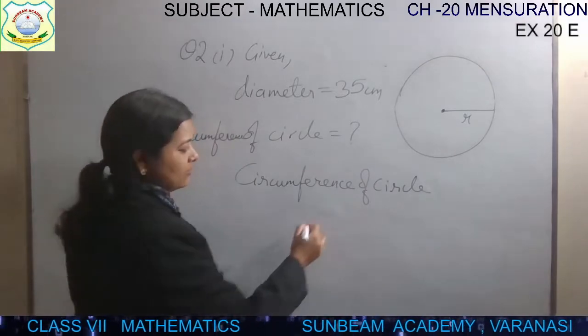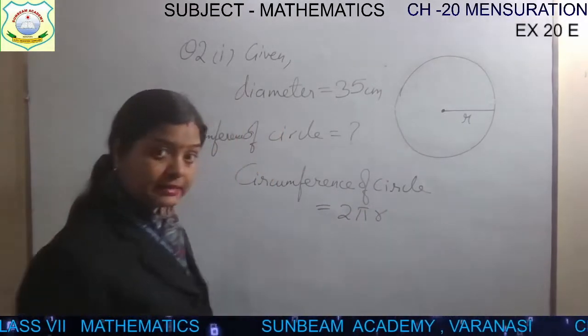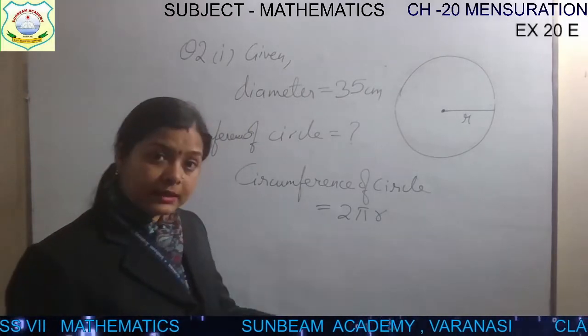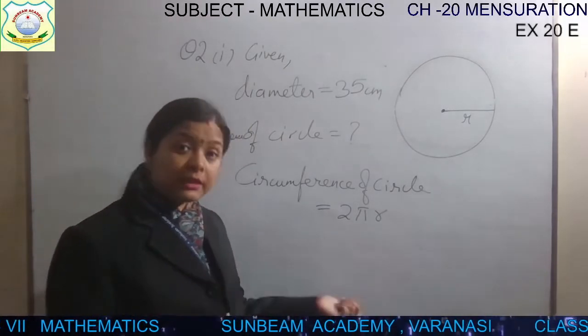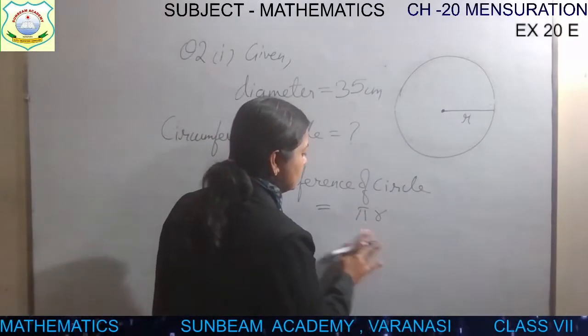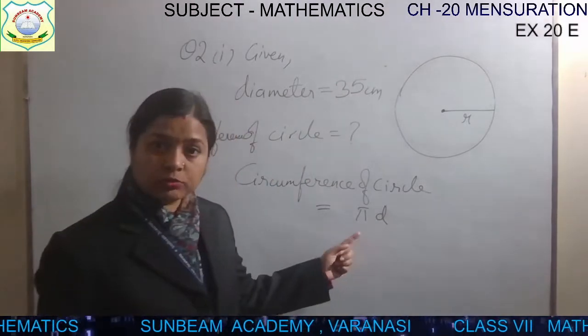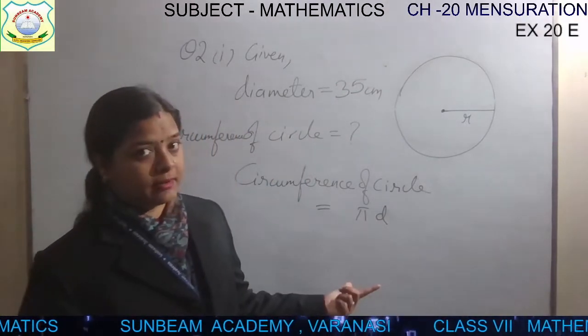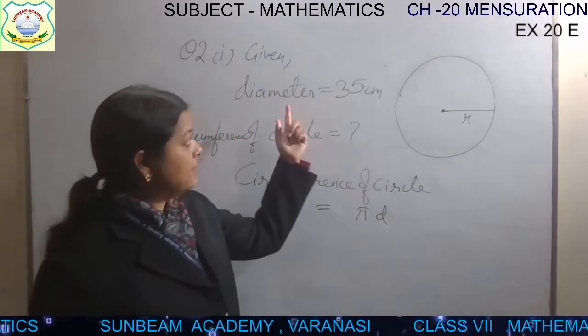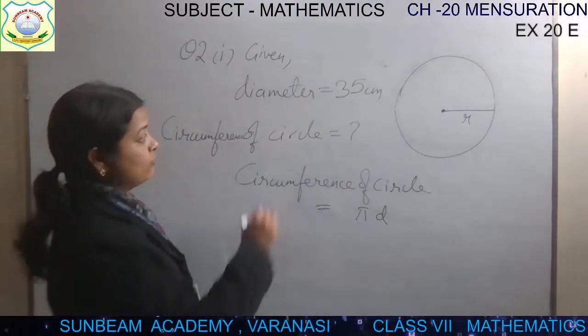Now circumference of circle is 2 pi r if radius is given, and if diameter is given, we can apply another formula that will be easier for us, that is pi into d. If you use 2 pi r, that is also correct, but in that case diameter is given, so you have to find the radius.